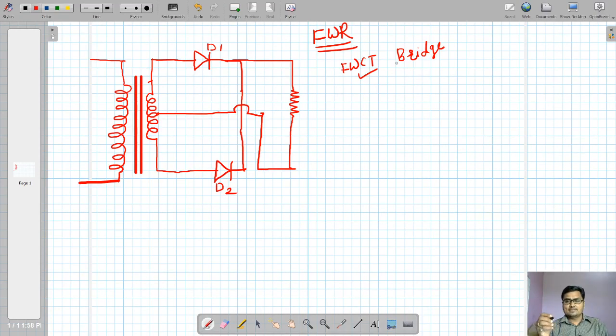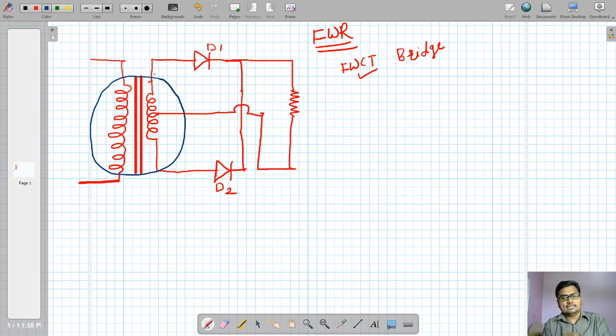Now let's start with the first type of full wave rectifier, the full wave center tap rectifier. Its name is different because of the transformer used here. This transformer is called a center tap transformer.